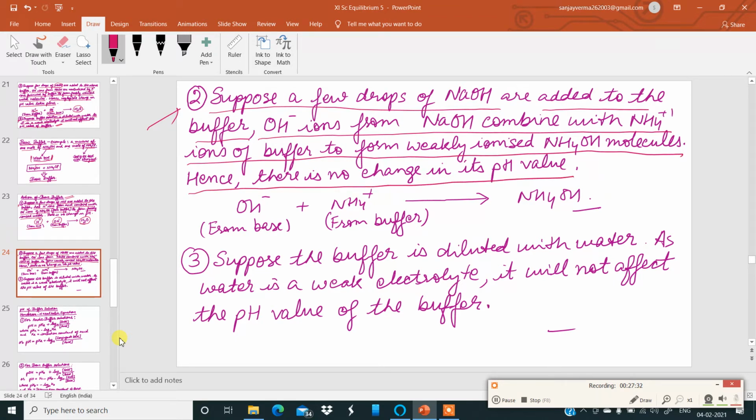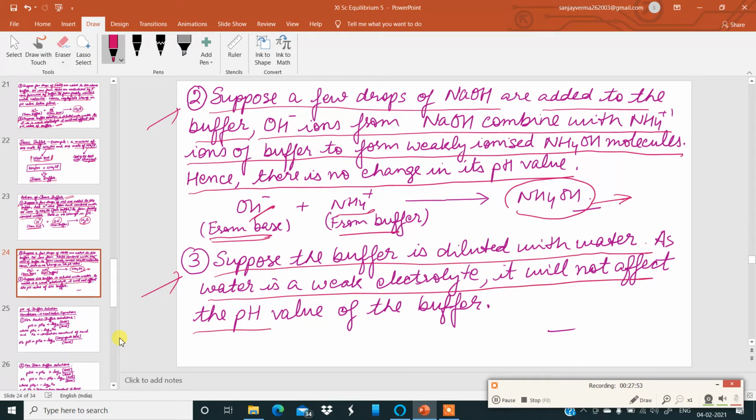So here hydroxyl ions from the base which we have added and ammonium ions from the buffer react with each other to give weakly ionized ammonium hydroxide molecules, resulting in no change in its pH value. Case 3. Suppose the buffer is diluted with water. As water is a weak electrolyte, it will not affect the pH value of the buffer. So this was all about buffer action.